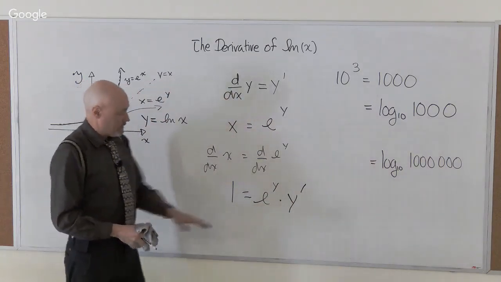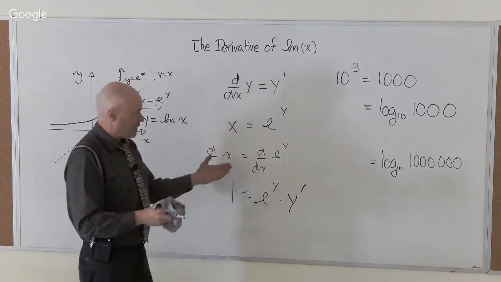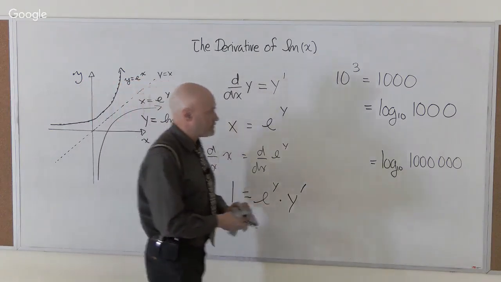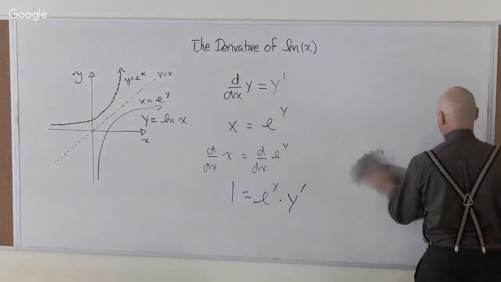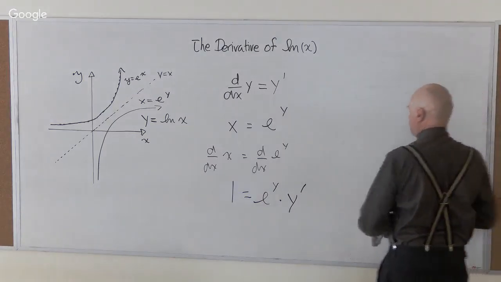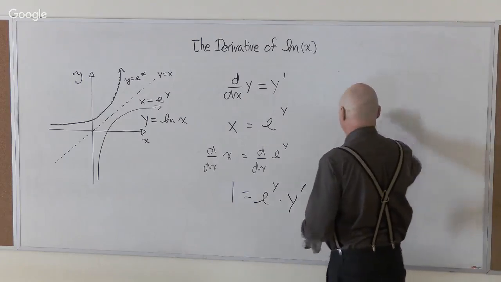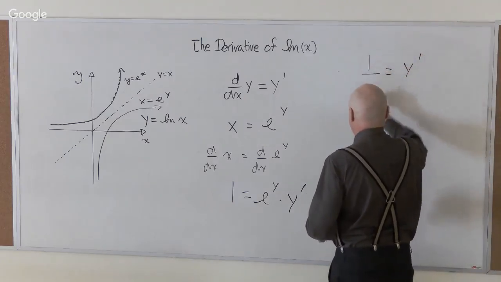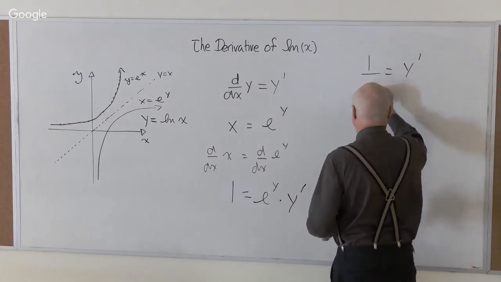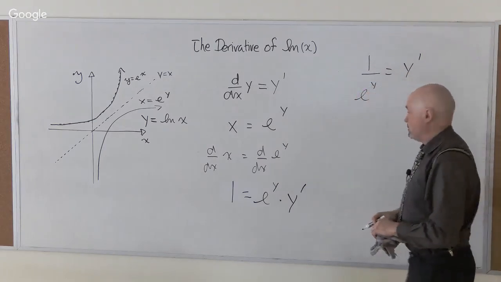What's great about this is I now have y primed somewhere in my expression, so I'm going to isolate that, and that's going to tell me exactly how to take the derivative of this natural log function. And so y primed is equal to 1 over e to the exponent y.